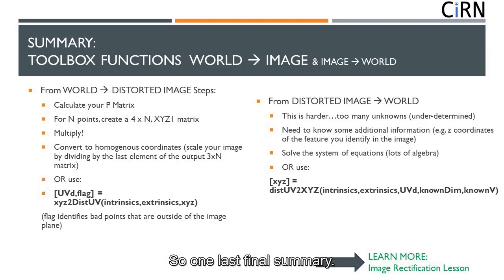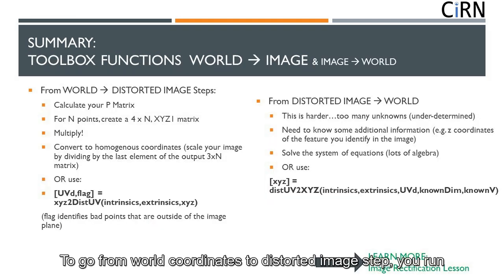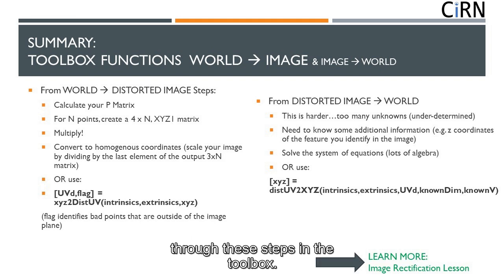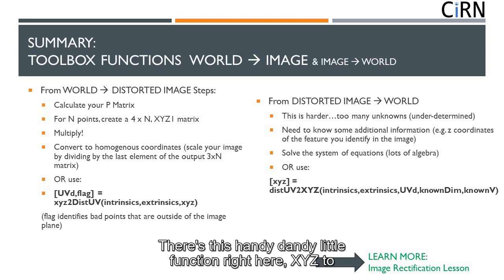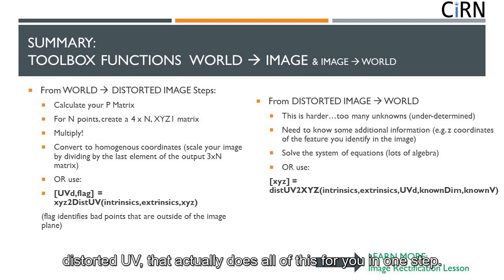So, one last final summary. To go from world coordinates to distorted image, you run through these steps in the toolbox. There's this handy dandy little function right here, XYZ to distorted UV, that actually does all of this for you in one step.